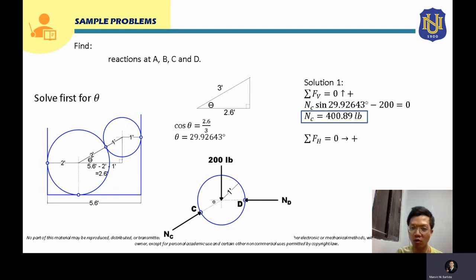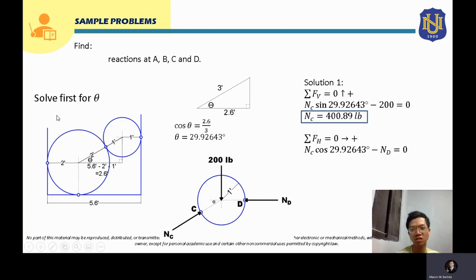Now we can solve for N sub D. We use summation of forces horizontal equal to 0, with positive for forces directed to the right. N sub C's horizontal component would be N sub C cosine 29.92643 degrees, and N sub D is already horizontal, so it will just be negative N sub D here since it is directed to the left.